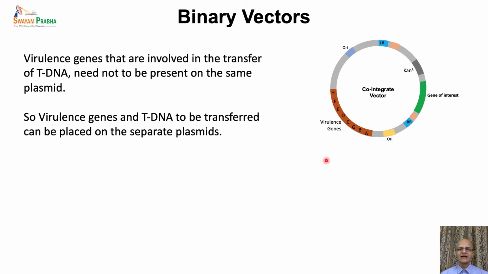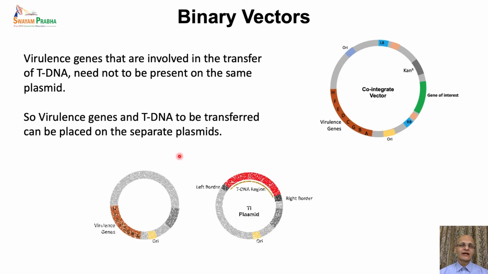A key finding is that the virulence genes which are involved in the transfer of the tDNA need not be present on the same plasmid where the tDNA is. Therefore, the virulence genes and the tDNA segments can be placed on separate plasmids. This means we can have two vectors like this, where one contains the virulence genes and the other, smaller vector contains the tDNA to be transferred to the plants.